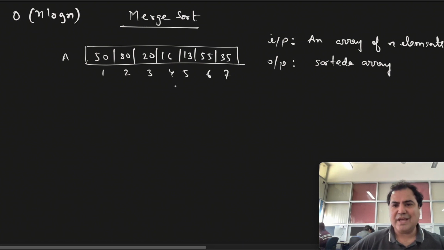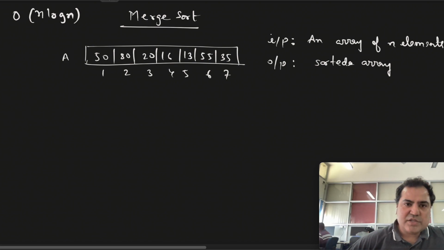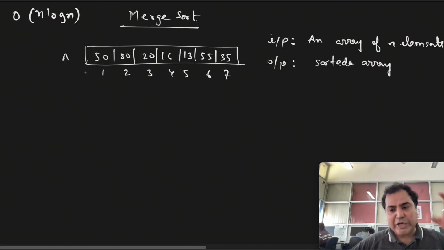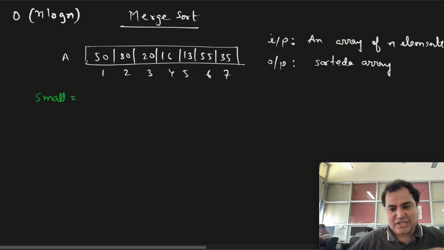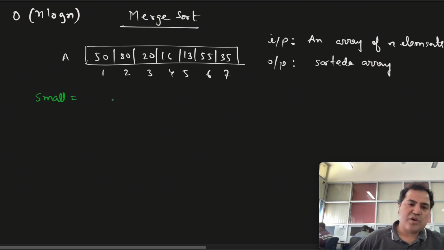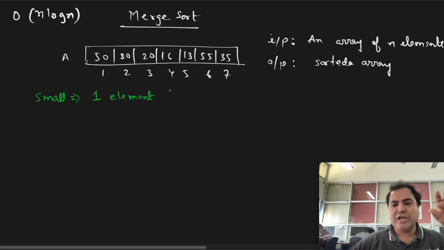First of all, in the algorithm procedure, we need to identify when the problem is small, right? Small means when we don't need to apply any algorithm or recursion. If we have only one element, then we don't need to apply any algorithm or recursive procedure on it, because one element is already in sorted order.